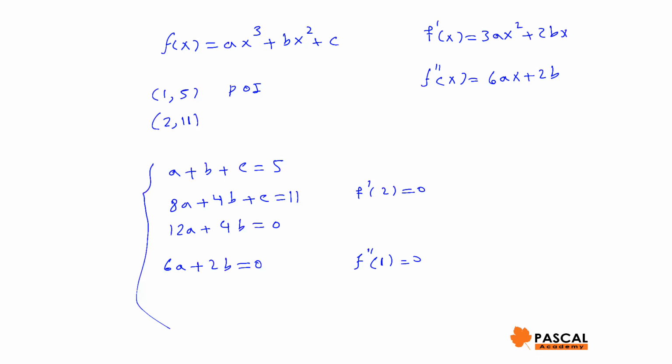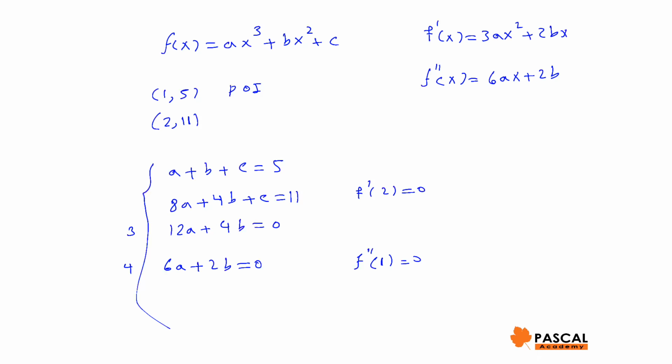We have 4 equations, 3 unknowns. But by looking at these equations, we see equation number 3 and equation number 4 are the same. Therefore, we use the first 3 equations.